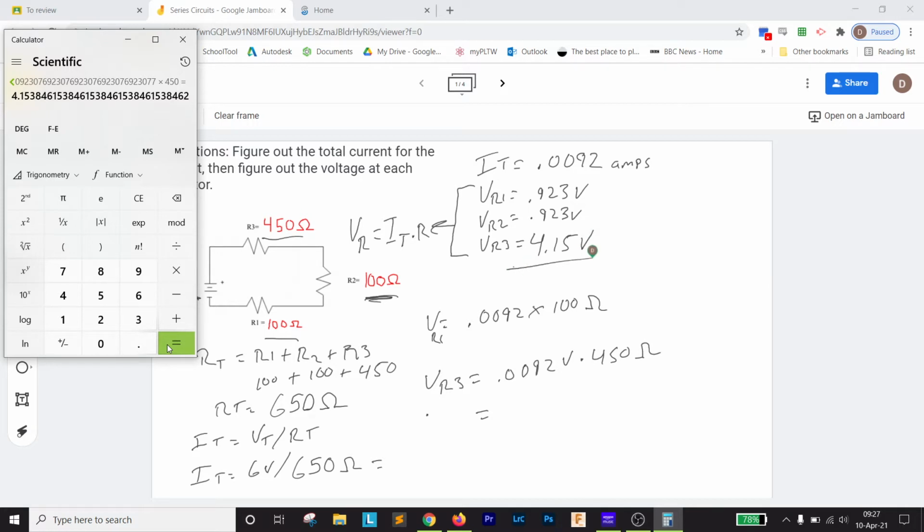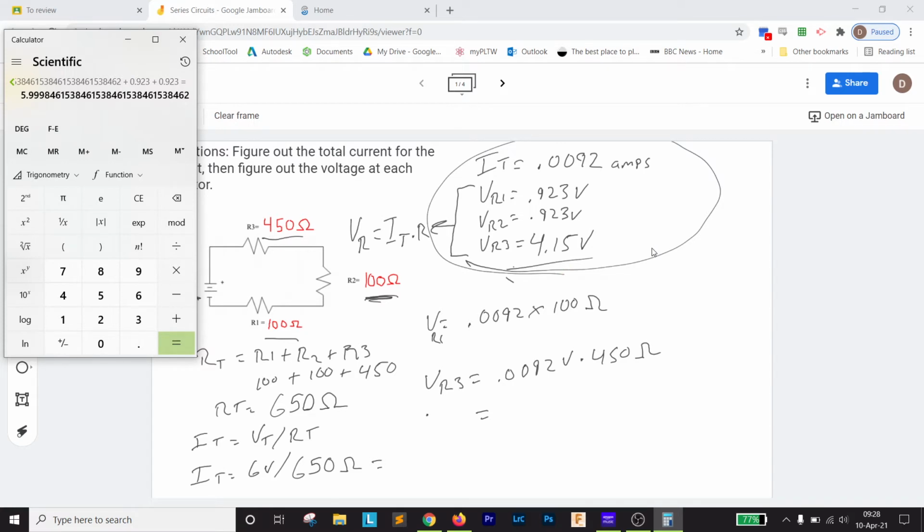And now, if I add these three numbers together, I should get 6. So let's see, plus 0.923 plus 0.923. And yeah, it's extremely close to 6, and probably only cut off because I rounded these two figures. This is good. These are the answers you would need. And we can move on.